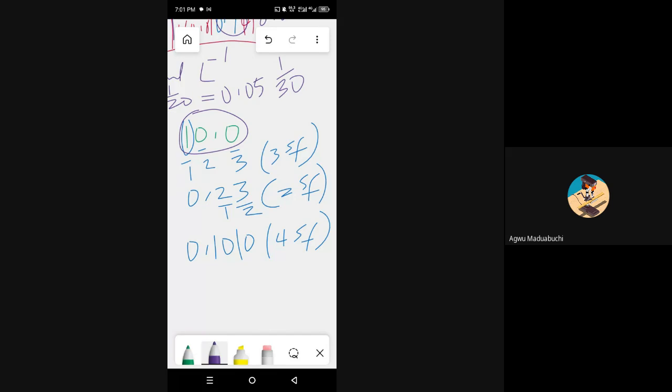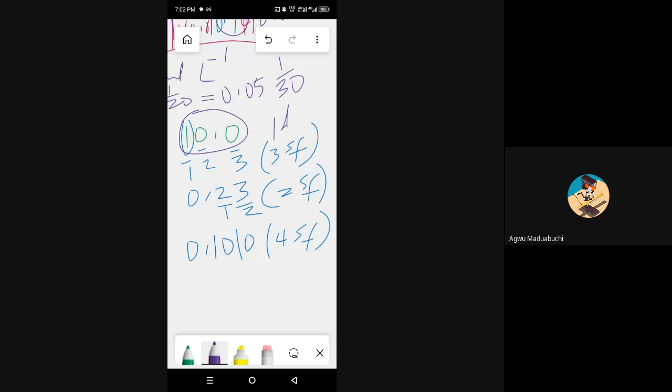So how many digits do we have after the decimal point? Sorry, I was taking it to SF. Yeah, so 10.0 is how many decimal places? 1 decimal place.